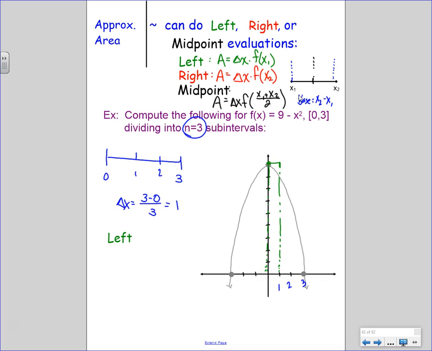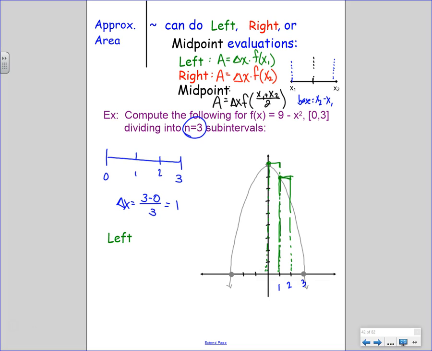Now I still need to get into this partition from 1 to 2, so where am I going to hit the curve this time? On the left. I'm going to hit when x equals 1, establishing the height for the rectangle to come. There we go. Does that make sense? Now I have the partition from 2 to 3.